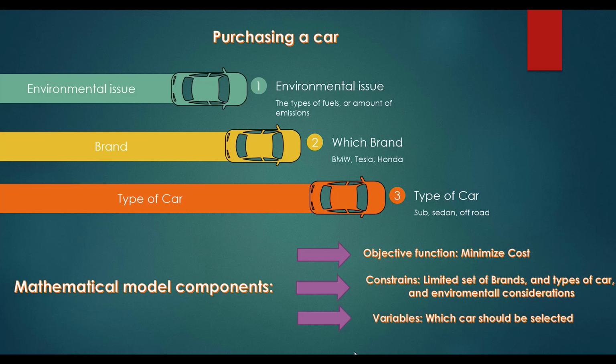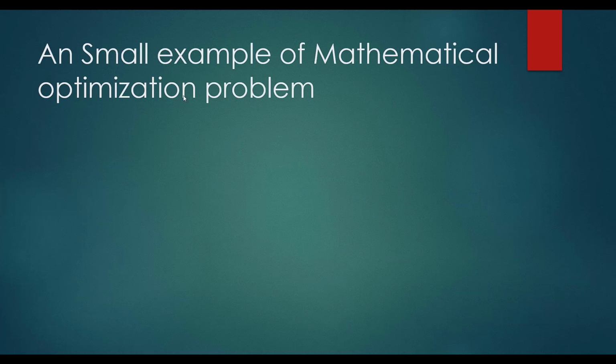This is a simple optimization problem that you may have in real life. I give you this example to better understand optimization problems. They can be used in any discipline, for example computer science, business, operational research, and economics, and are widely used.